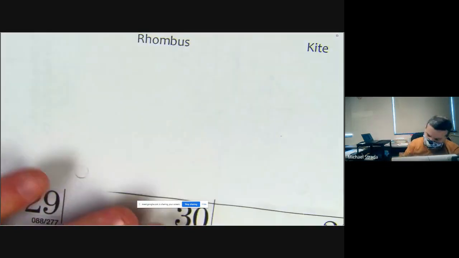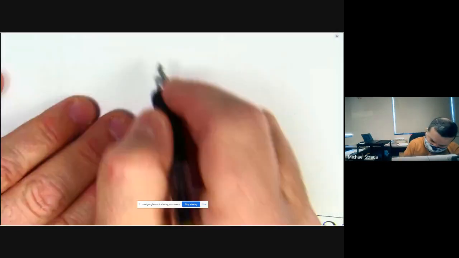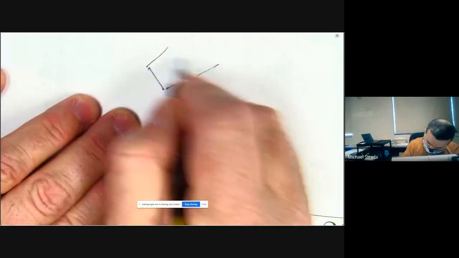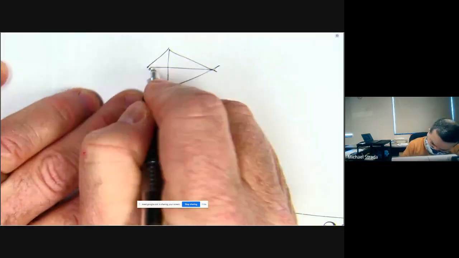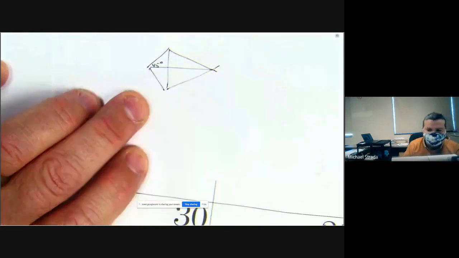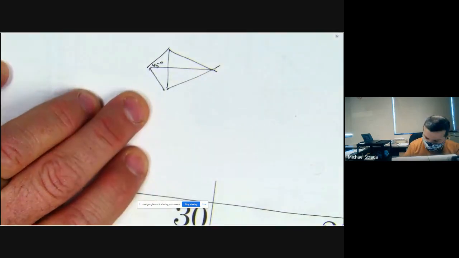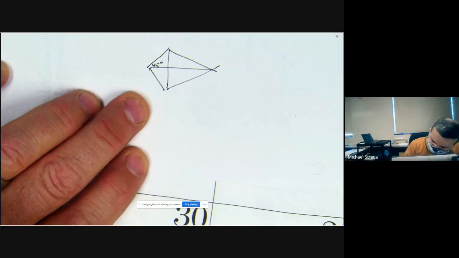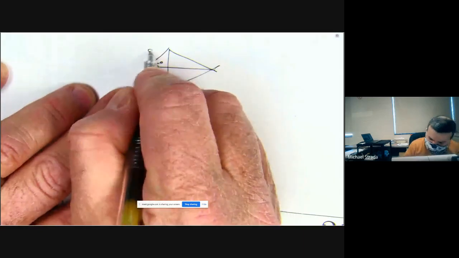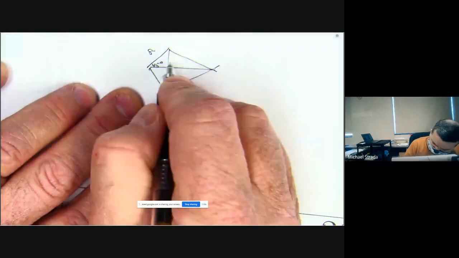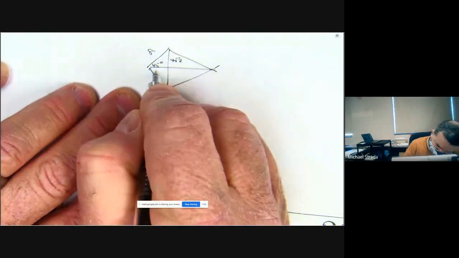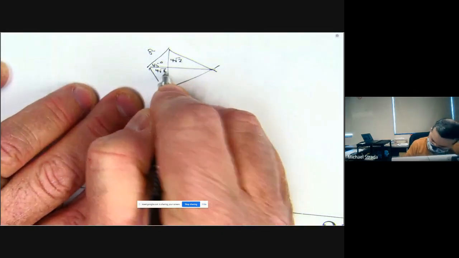Okay, so keep in mind you could have a kite where this is 45 degrees, and they tell you that this is 8. I would expect you to know that that is 4√2, and that is also 4√2.